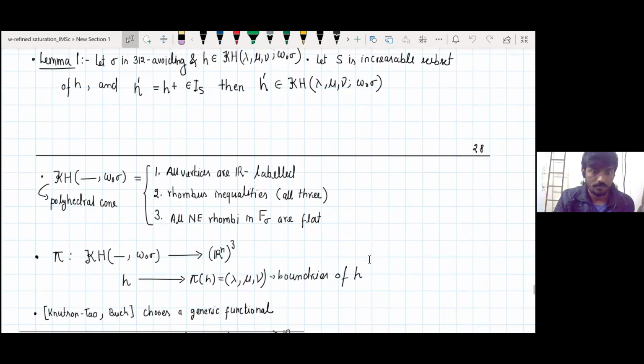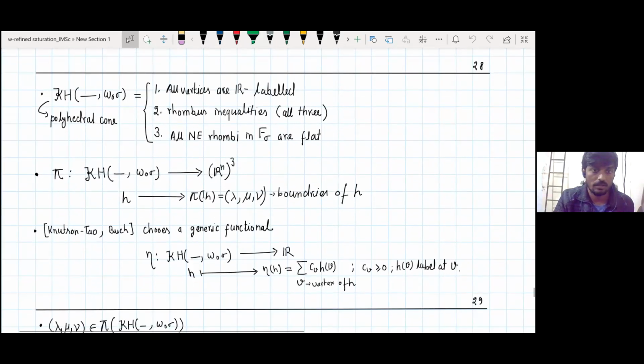Here I fix sigma and let lambda mu nu vary. We associate a polyhedral cone: take all lambda mu nu varying, with all vertices labeled by real numbers, and take all three rhombus inequalities, and for w naught sigma, that means in this F sigma phase, wherever northeast rhombi occur, put that flag.